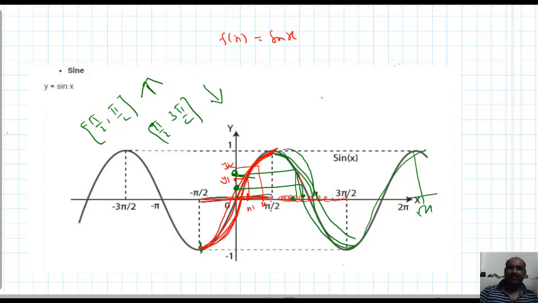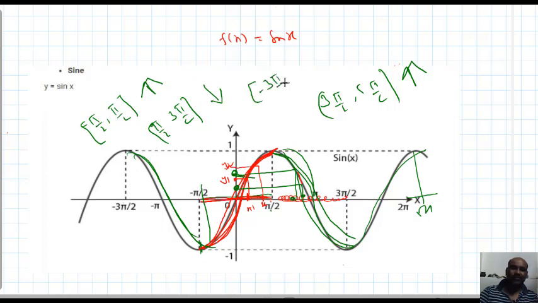Again from 3 pi by 2 to 5 pi by 2, for these x values, the function is increasing. Here, for x values taken from minus 3 pi by 2 to minus pi by 2, the function is decreasing.